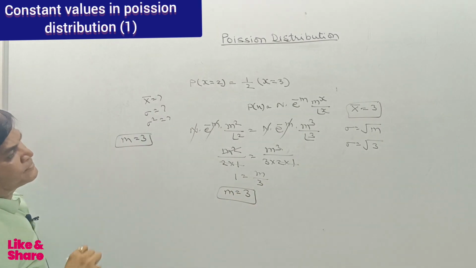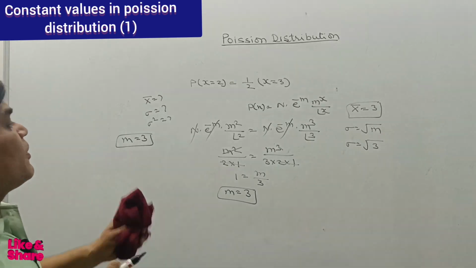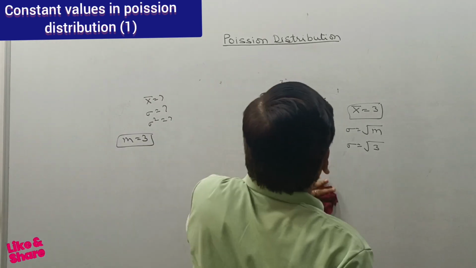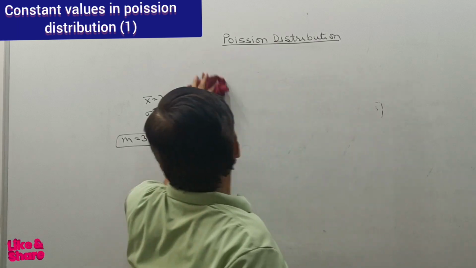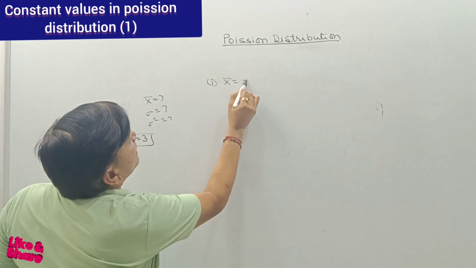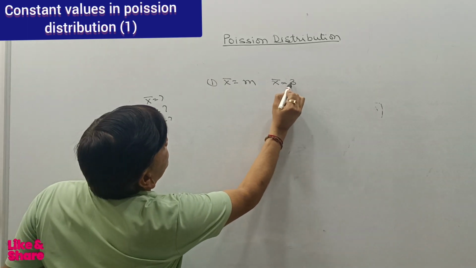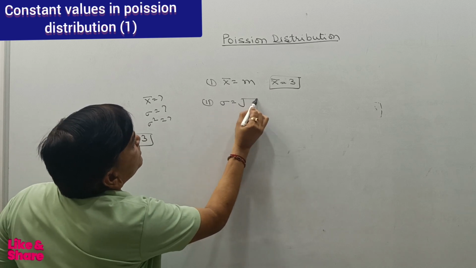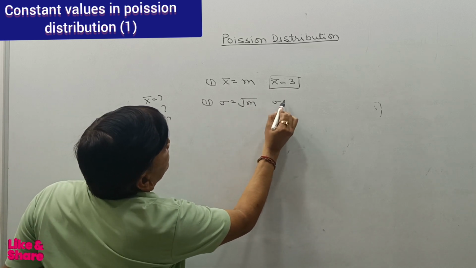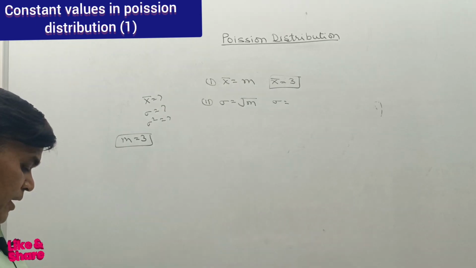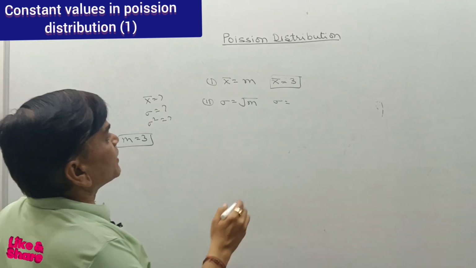First we have got m. Now if we want to calculate the constant values, how will we calculate them? First, x bar is equal to m, so the mean value is 3. Second, standard deviation is root m, so we get root of 3, that is 1.732.